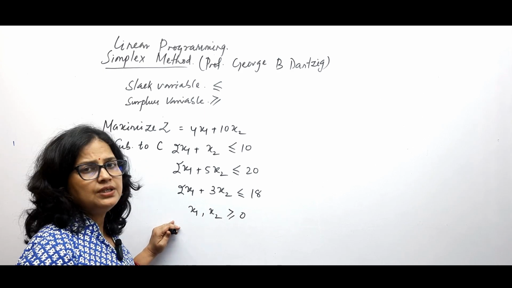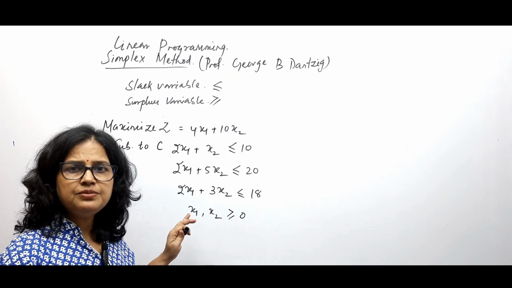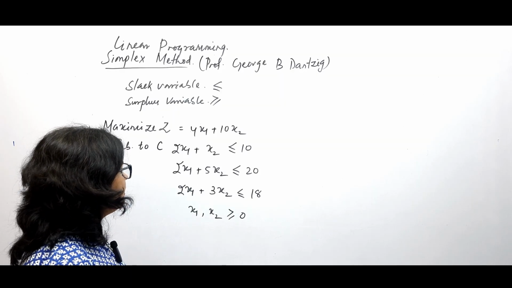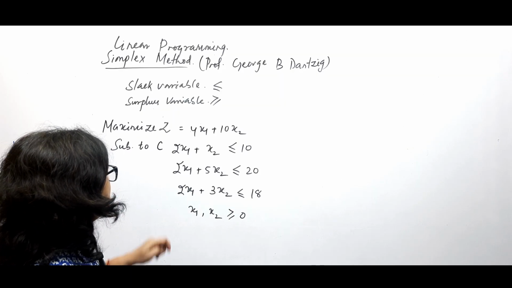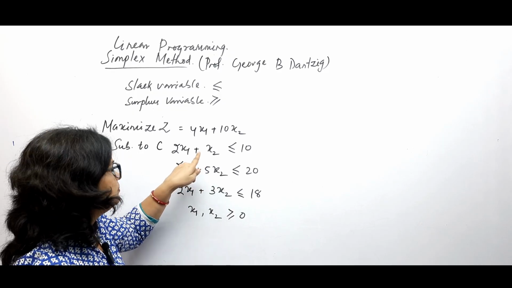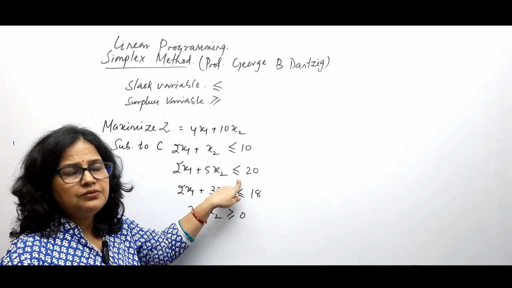First, we need to find the initial basic feasible solution. For that, the first step of the Simplex method is to convert these constraints into equalities. As they are in less than or equal to form, we use slack variables.